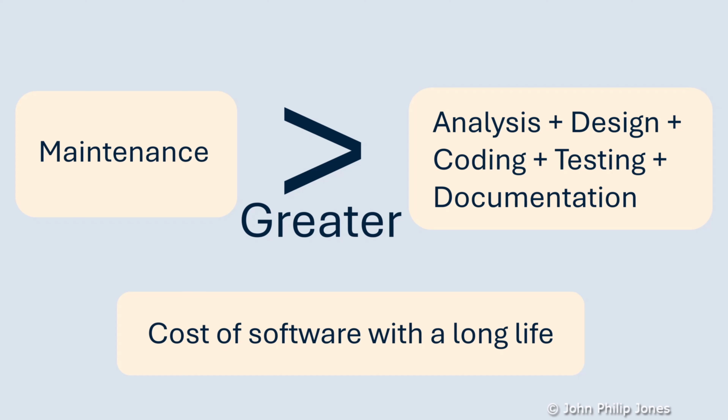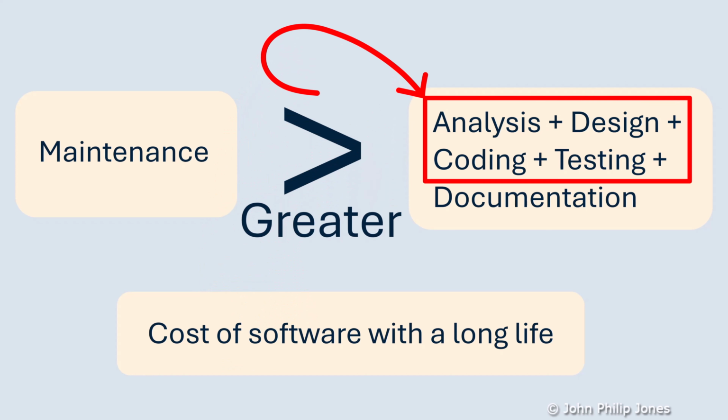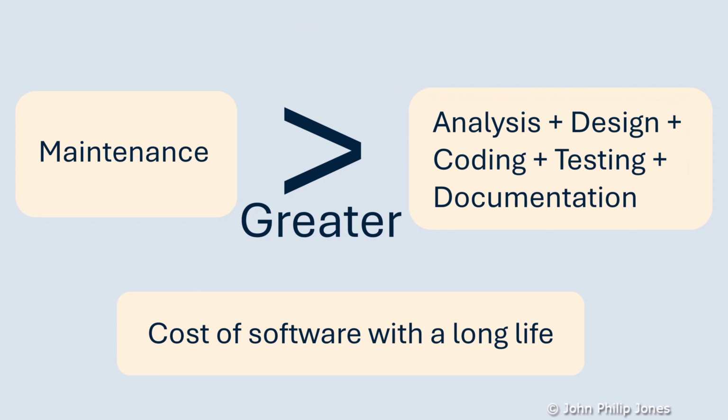It needs to be appreciated that the personnel involved during the maintenance phase are heavily reliant upon the documentation produced during these phases when the software was being built. Consequently, the documentation has to be accurate, and version control of all of the documentation is key to good software engineering practice.